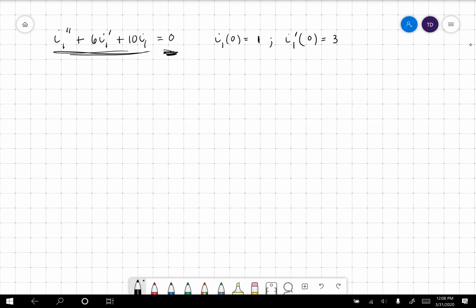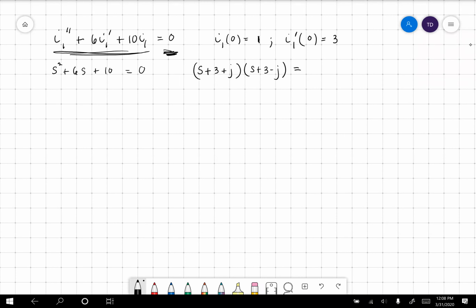So for this, we're going to establish the characteristic equation: s squared plus 6s plus 10 is equal to 0. So we get to factor this. And if I do this correctly, what we'll get is s plus 3 plus j, s plus 3 minus j, equal to 0.